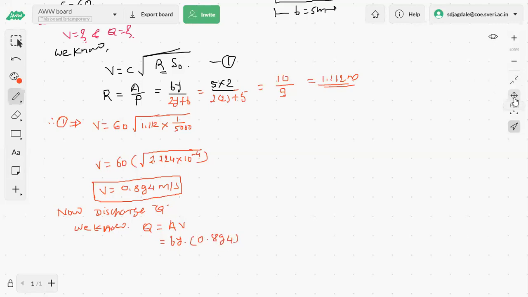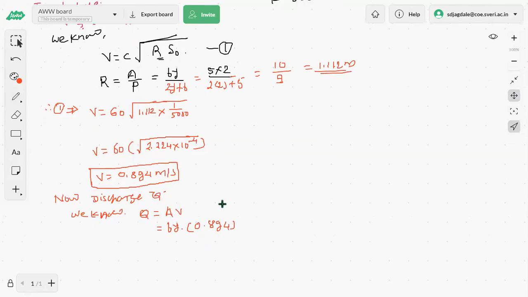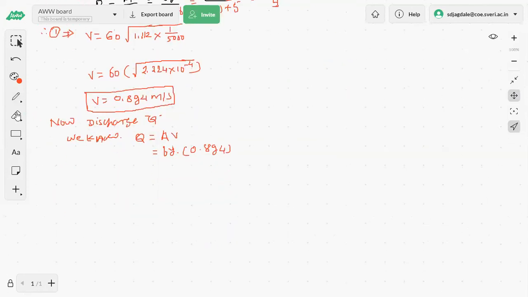0.894. Now put the values. Put the values for b and y. What is the b for this case? What is the base width? Is it 5 meters? 5 into depth as 2 into 0.894.